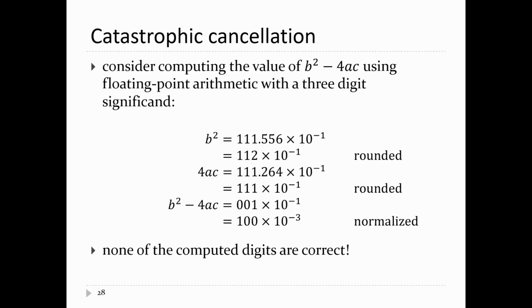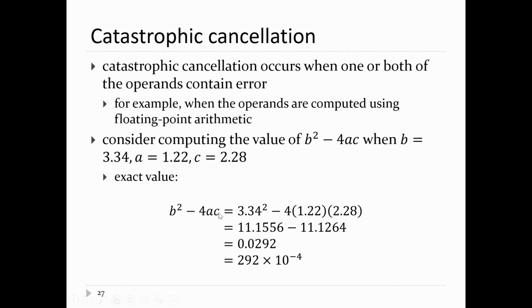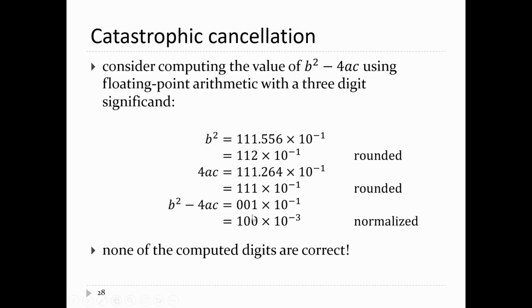So what happens when you try to do this with our floating point format? Well, b squared, I know that's 111556. I have a problem. There's too many digits in that number, and I can only hold 3. I'm assuming no guard digits again, because doing stuff with guard digits complicates things a bit.